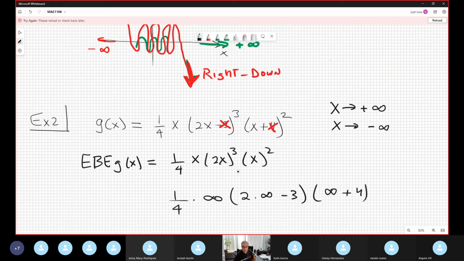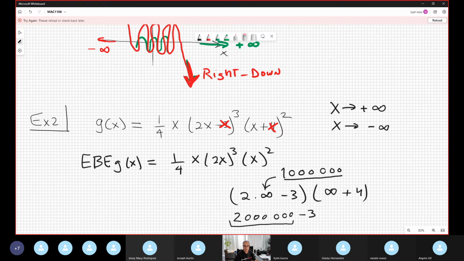You can interpret infinity like 1 million. And 1 million times 2 is 2 million. And 2 million minus 3, you say that this 3 is totally negligible in front of 2 million. Do you see or no? Yeah, I see. So you remove the number to investigate the end behavior expression.